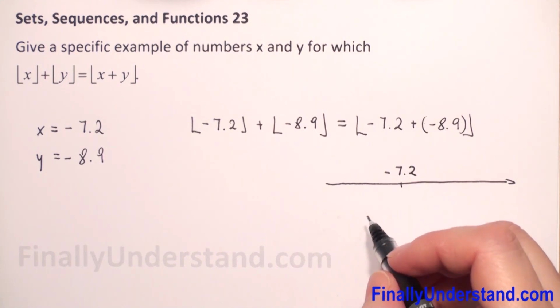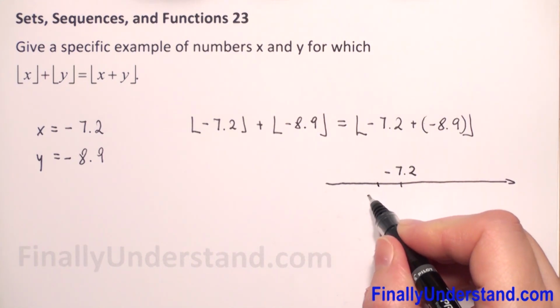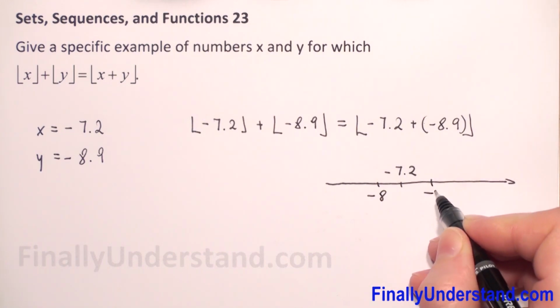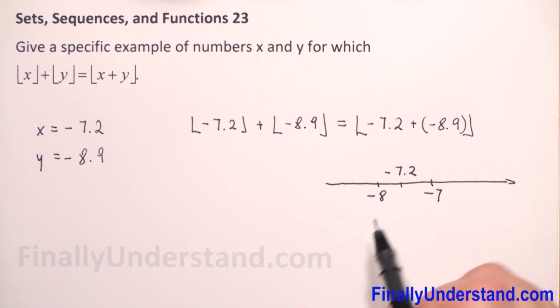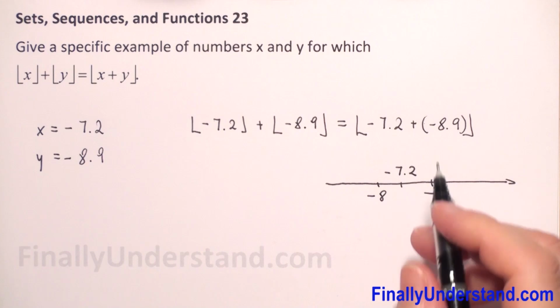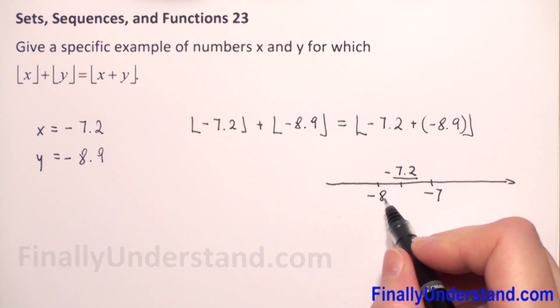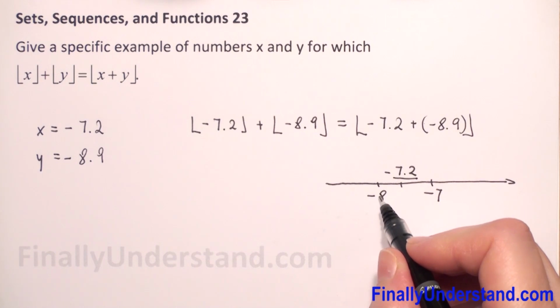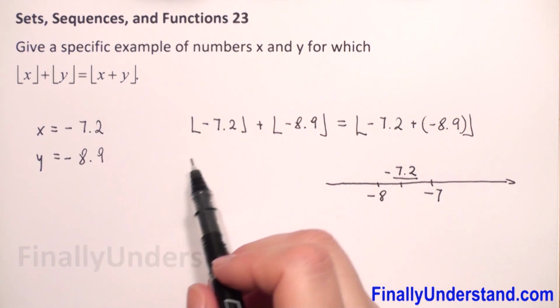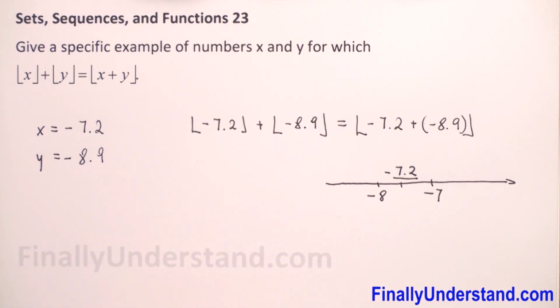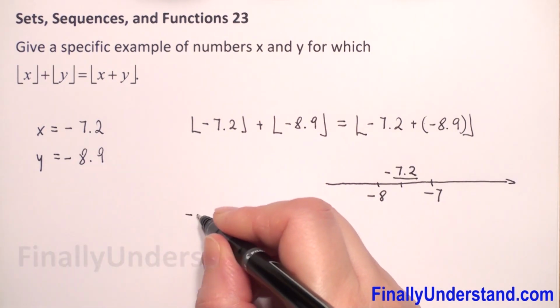It is between negative 8 and negative 7. So when we have to find the floor of a number, we always look to the left side. On the left side, the largest integer is negative 8. So the floor of negative 7.2 is negative 8.